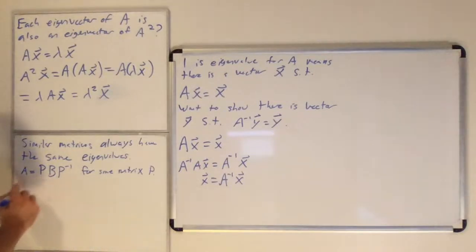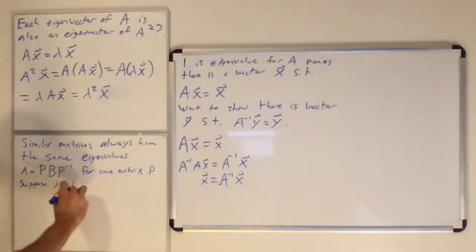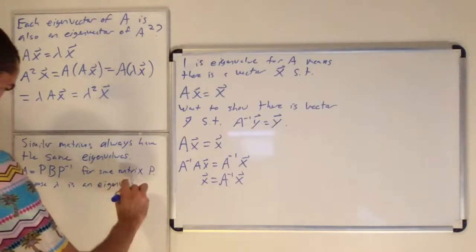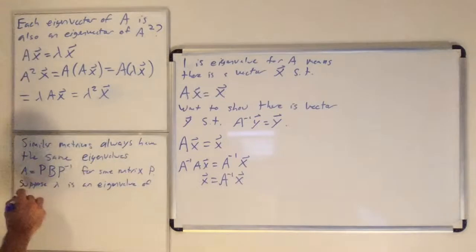So suppose we have that lambda is an eigenvalue of A. We want to show that it's also an eigenvalue of B.